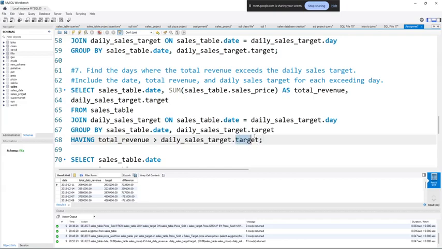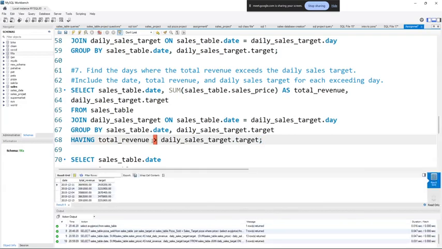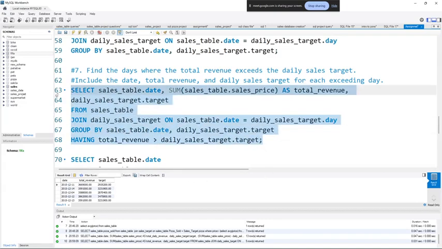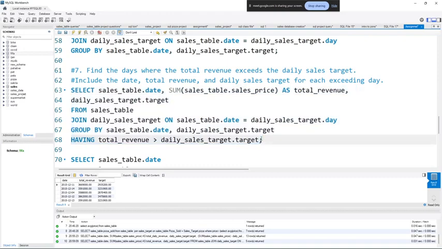That is the target column on the daily sales target. So let's see those days. If I run that, I'll have this. If you notice, only 5 days satisfied this condition.